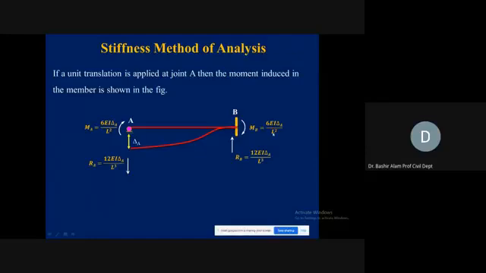This is the total unbalanced moment, and dividing by L gives you the magnitude of this balancing couple. So 12 EI delta A divided by L square and divided by L becomes L cube.